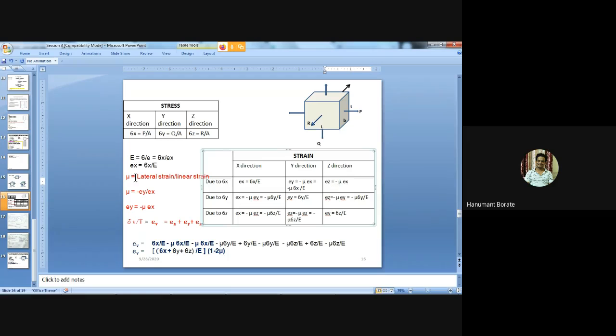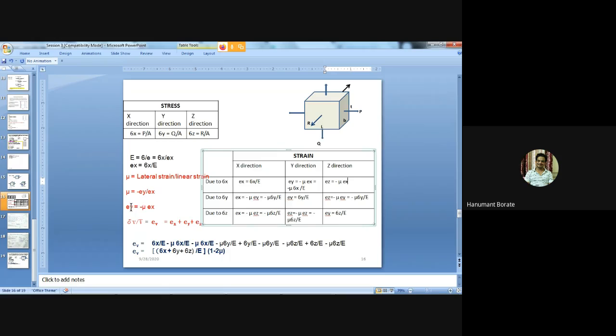Now again we are using the same formula of Poisson's ratio, mu equals lateral strain divided by linear strain. In this case, when we apply force in the x direction, we are measuring the deformation in the z direction, which means we are measuring lateral strain. So mu equals minus Ez divided by Ex.